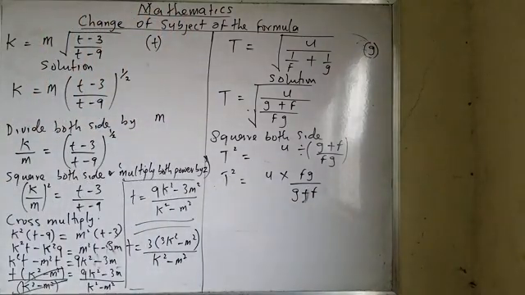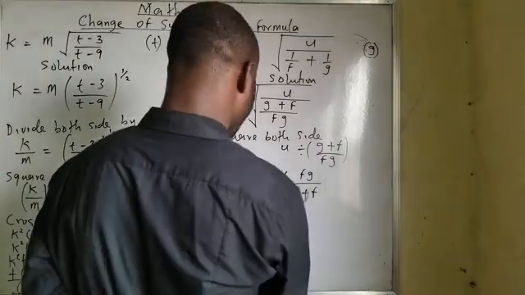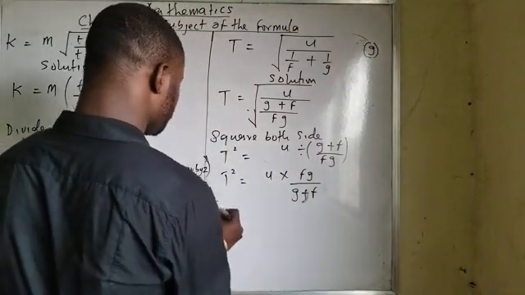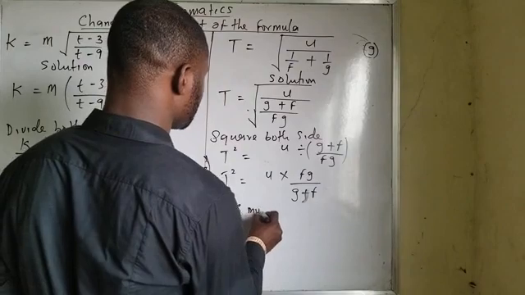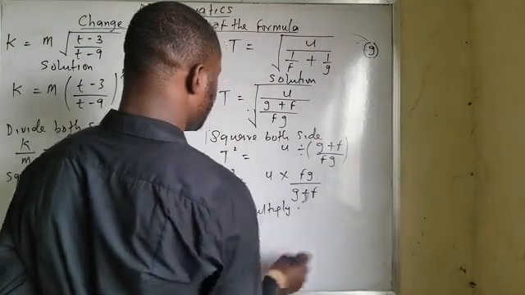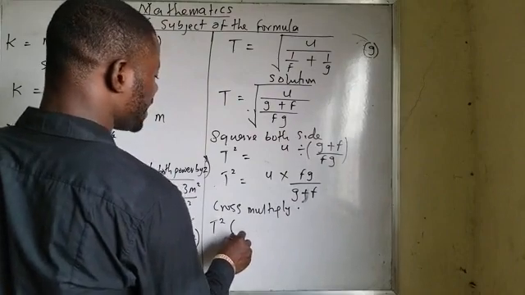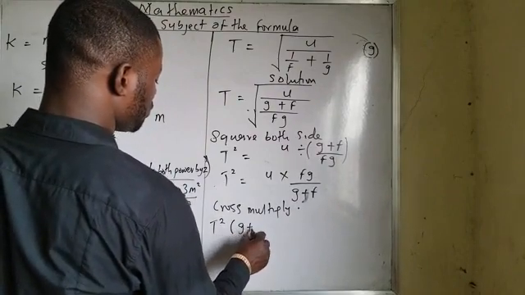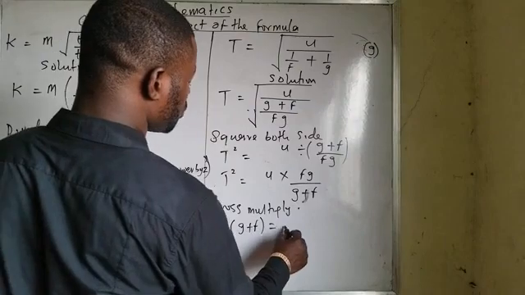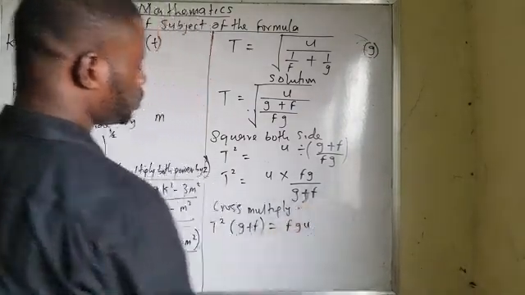What am I making? I'm making G the subject. Now, I can cross multiply. When I cross multiply, T squared bracket of G plus F equals FGU.